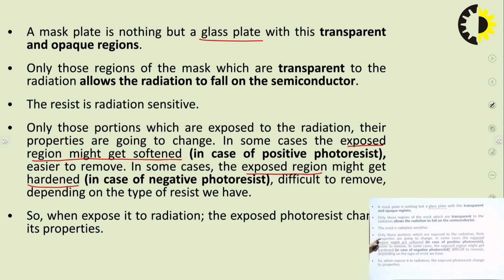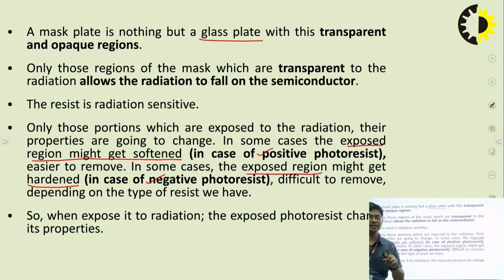In those resists in which the exposed areas get softened, they are known as positive photoresist, and those resists which, when exposed to radiation, get hardened are known as negative photoresist. So, there are two types of photoresist that we have: positive photoresist and negative photoresist.